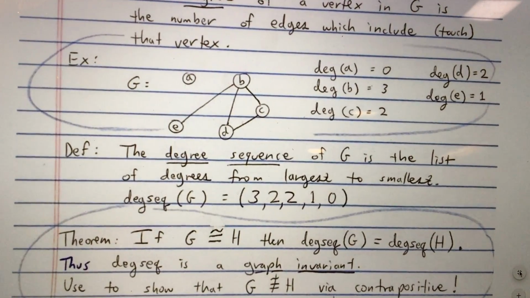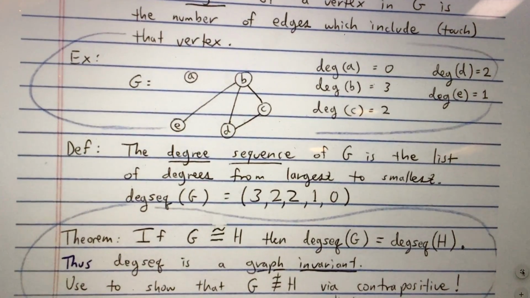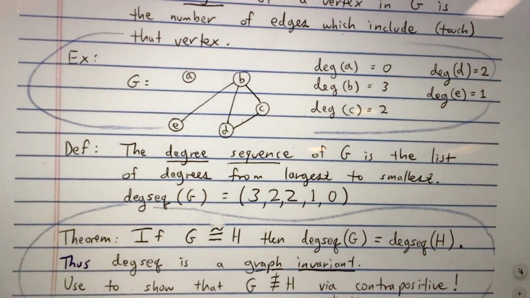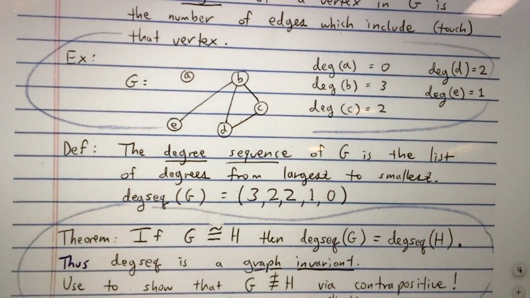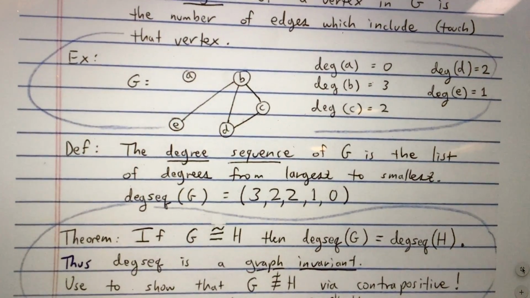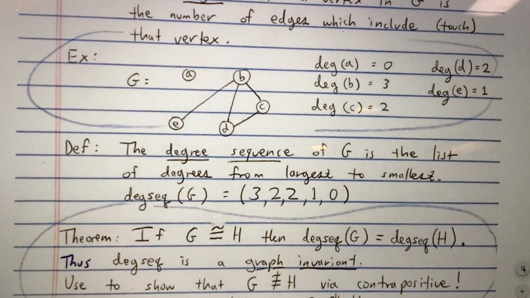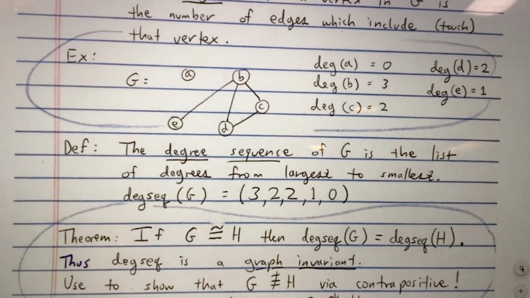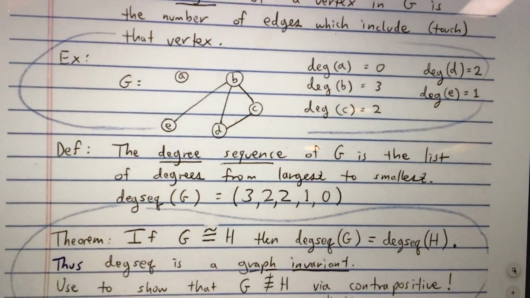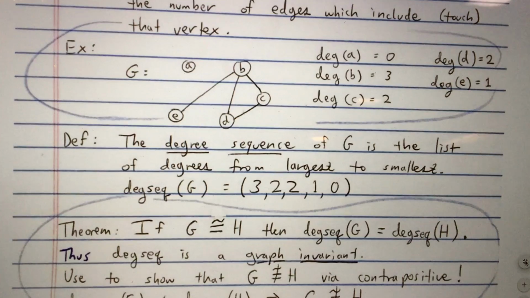A graph invariant is defined by just replacing degree sequence in that theorem with any function of any kind, as long as you know how to define when they're equal. So in general, it says if G is isomorphic to H, then the function of G equals the function of H. That function is a graph invariant. This time the function is degree sequence.